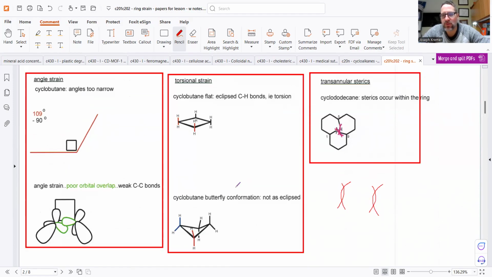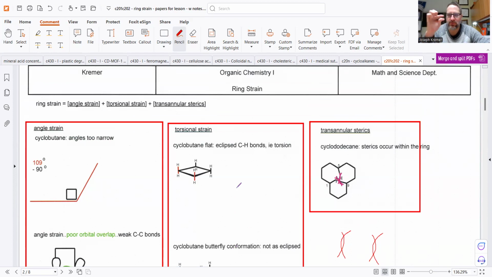Steric means to clash. Now, I grant you, a hydrogen is much smaller than a tert-butyl, but they're still clashing. Sterics occur within the ring. This hydrogen is on carbon number one. What's it doing so close to the hydrogen on carbon number five? The ring is too floppy.